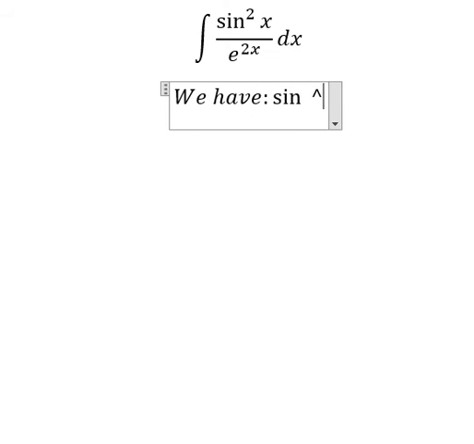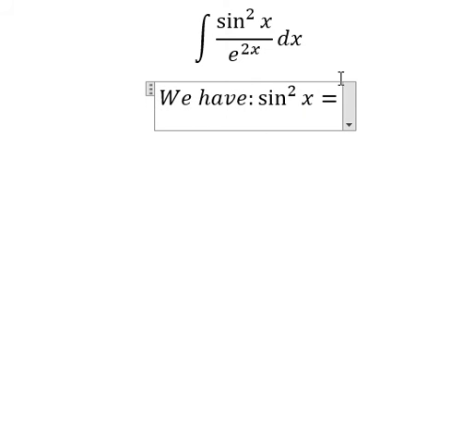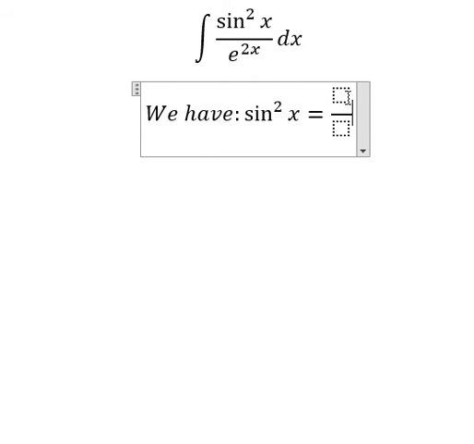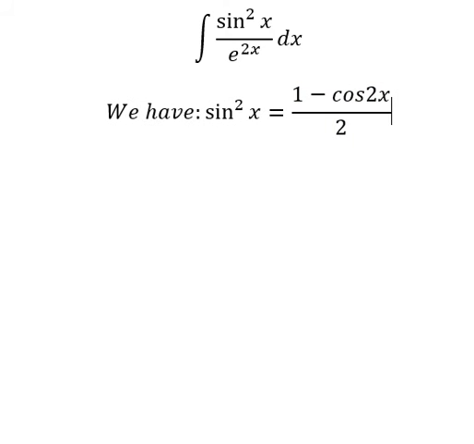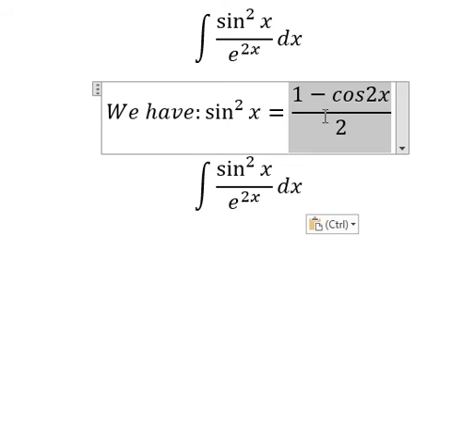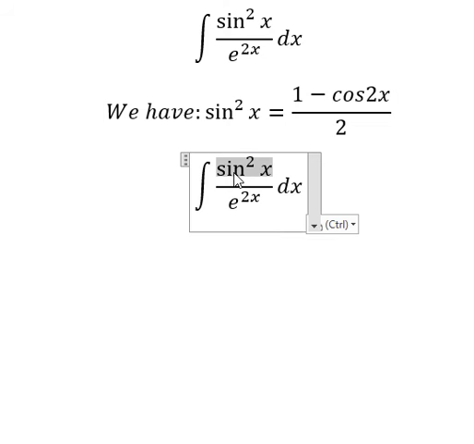That's about sine squared x equals 1 minus cosine 2x over 2. So we will apply this formula to change sine squared x in here. So we put this one in here.